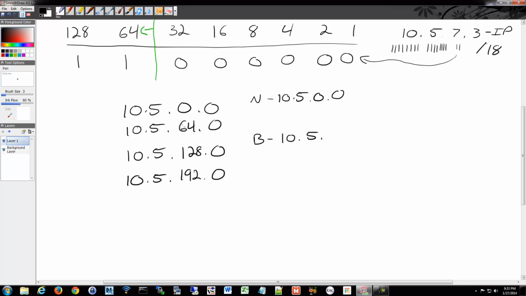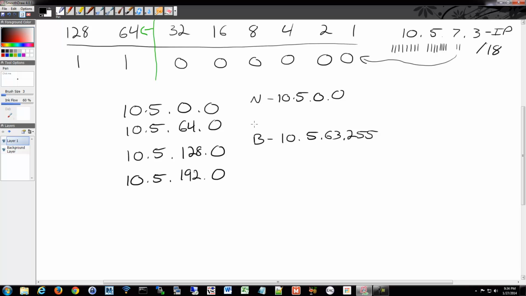So we're going to have 63.255, okay? So we have to reduce it by 1 bit, but it's not in the last octet, essentially. Just make sure you are working within the correct octet when you're doing this.